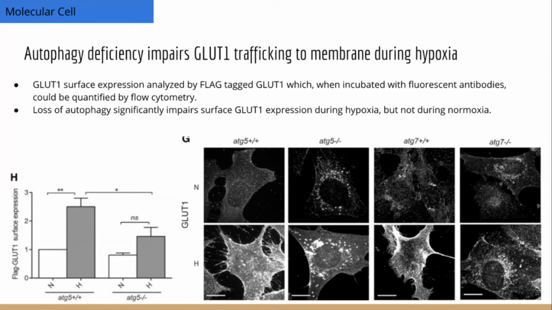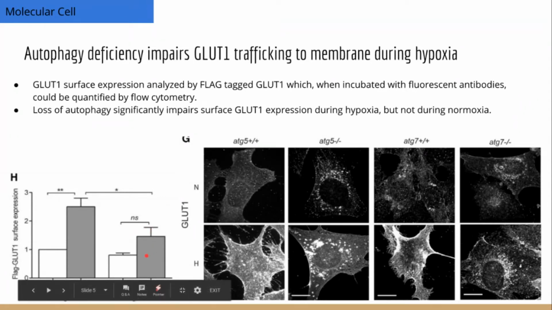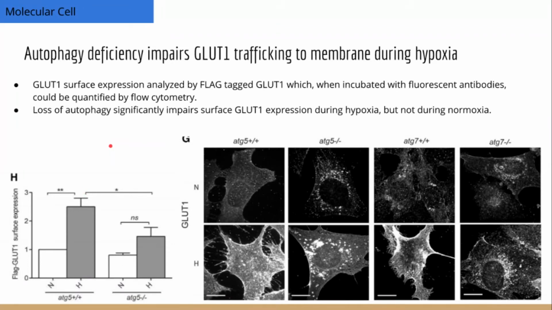So in panel H, we see pretty clearly that GLUT1 surface expression is normal in normoxic conditions between ATG5 positive and negative cells.